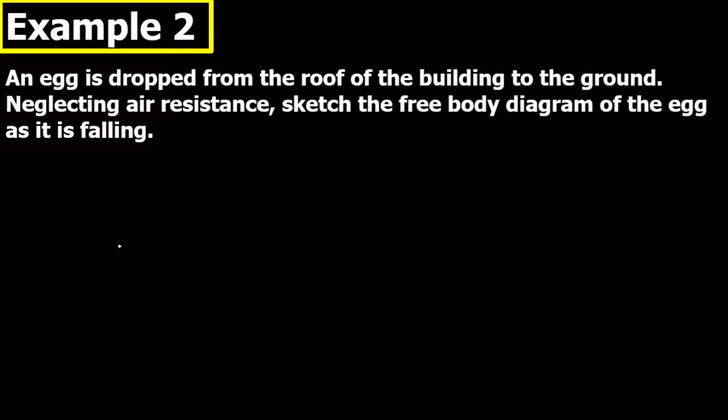So let's have an egg drop from the roof of the building to the ground. It says free body diagram, so we always start with a dot. Write down W, N, Ff, Ft. There's no string, so there's no tensional force.